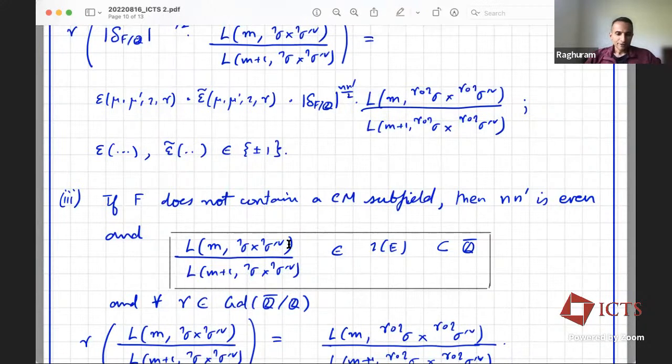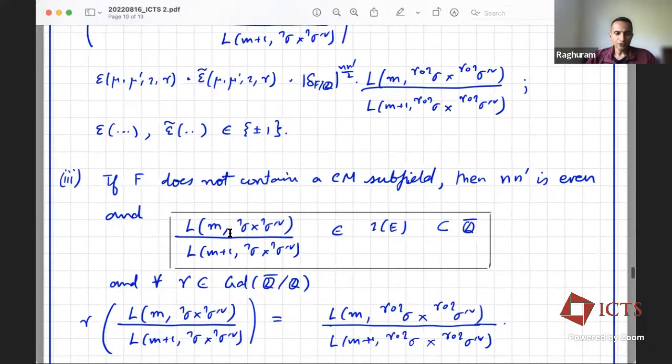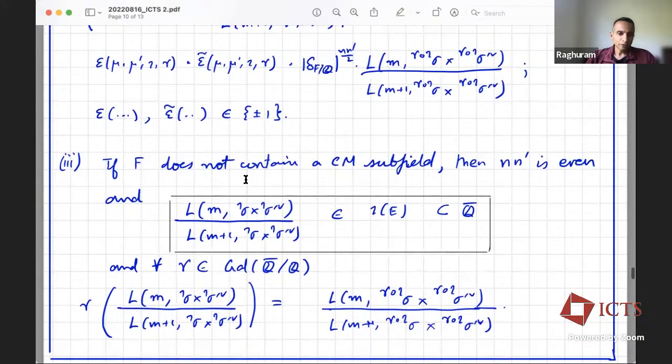Then since n prime is even, this discriminant term is just a rational number. So I just throw it under the carpet. This ratio of critical values for the completed Rankin-Selberg L function is rational and is Galois equivariant. So it's a cleaner looking statement for the totally imaginary fields without a CM subfield.